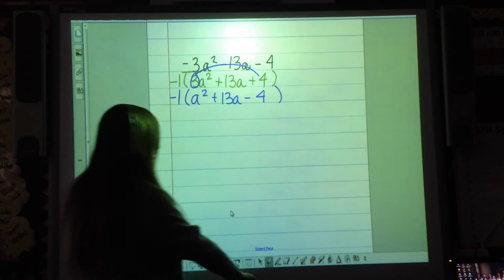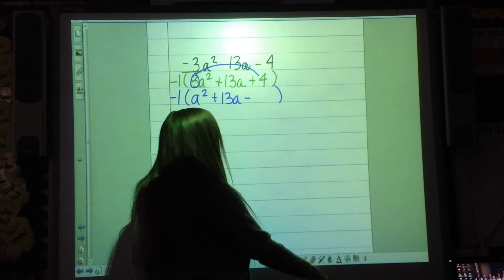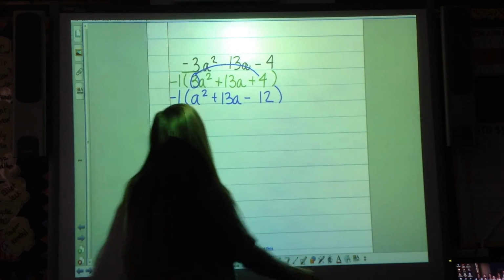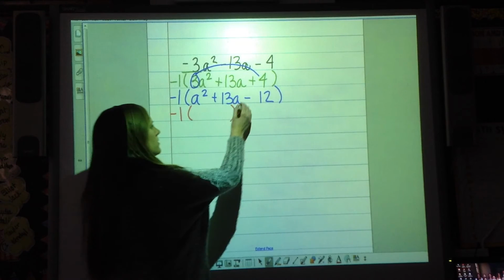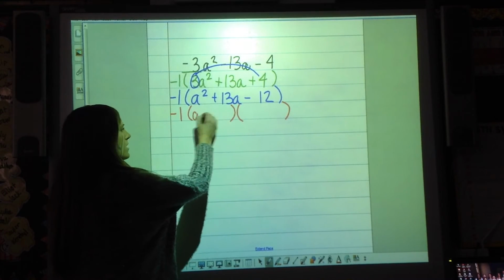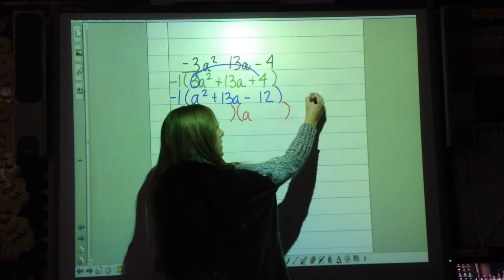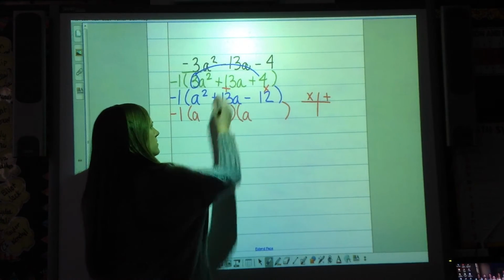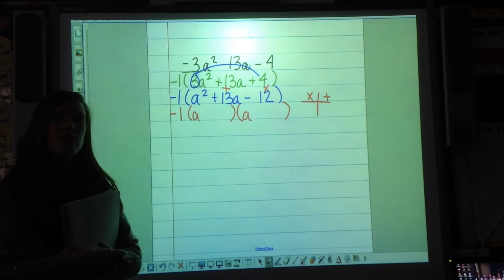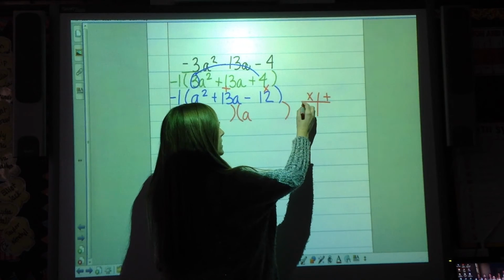I forgot to multiply, didn't I? There we go. Much better. Now I can factor. My first terms are a's. I need to multiply to get negative 12, but add to be a positive 13. 1 and 12 would work great.